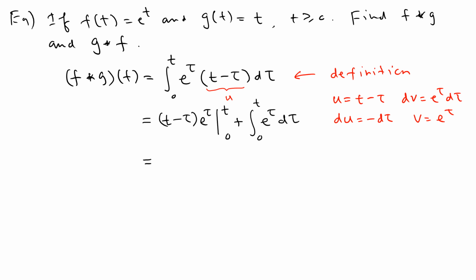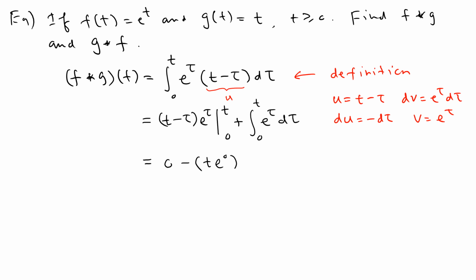Now let's plug in the values. When you plug in t for the tau, because tau is a variable, t minus tau becomes 0. And then when you plug in 0, what will happen is a minus. When you plug in 0, you're gonna get t, and then e to the 0. So that's what you get from the first term.